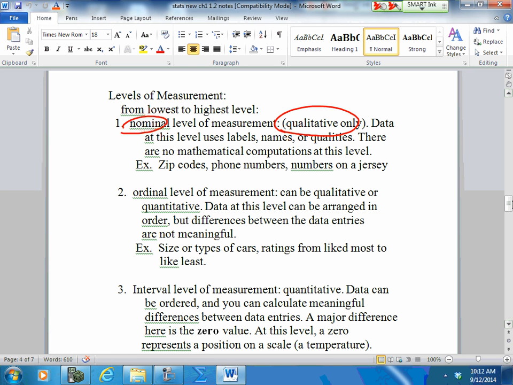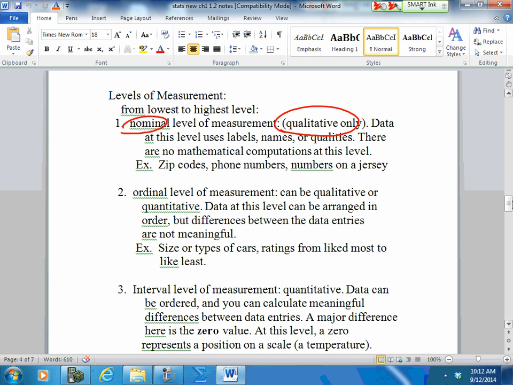Qualitative, nominal. So anything that has no calculations, no type of order, your number on your jersey. Aaron's number 5. What number are you? 7. Is Oliver the 7th position on his team and Aaron the 5th position on his team? Do they sit on the bench number 5, number 7?